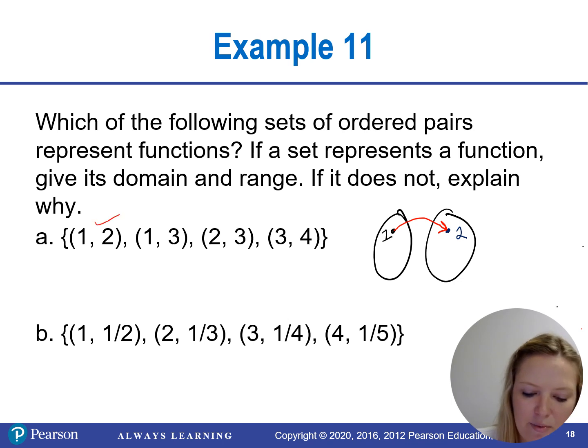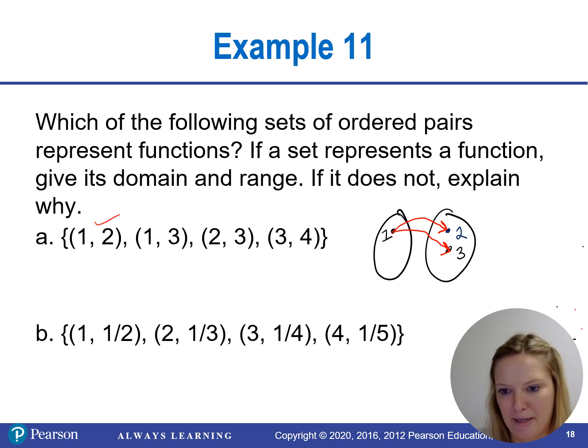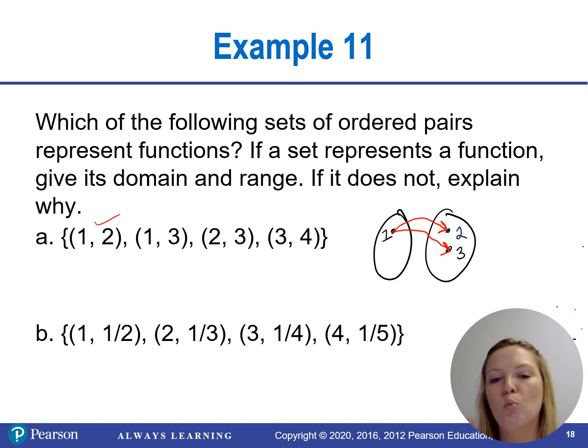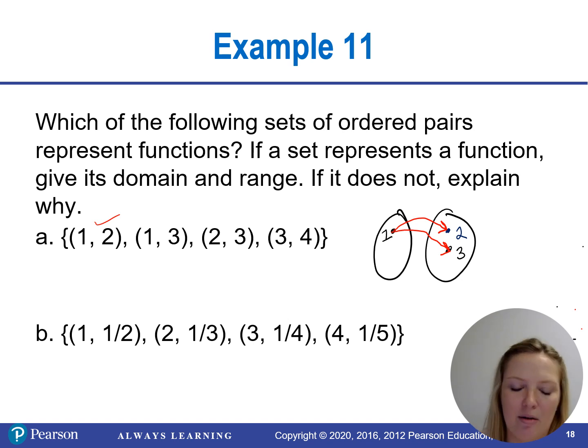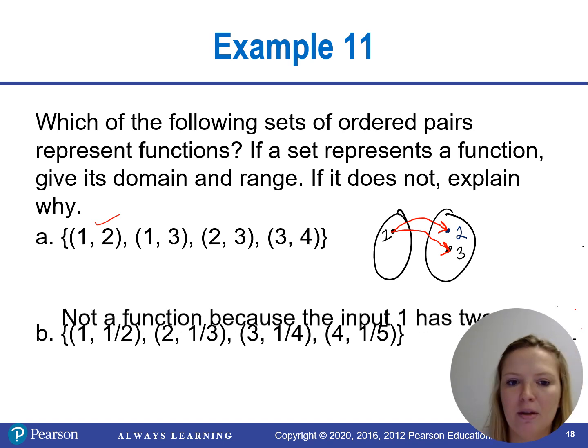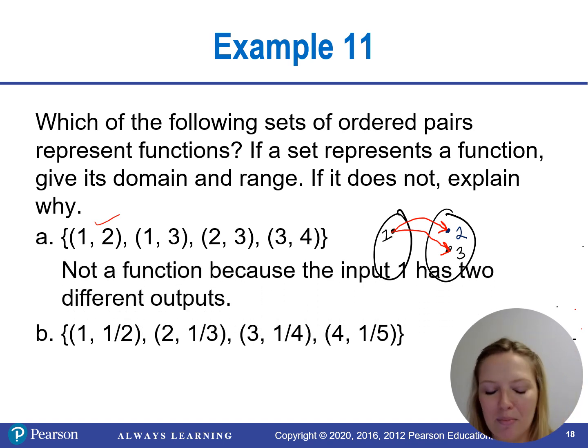And then my second ordered pair tells me that 1 maps to 3. Now that immediately creates a problem for me because 1 should only have exactly one output.